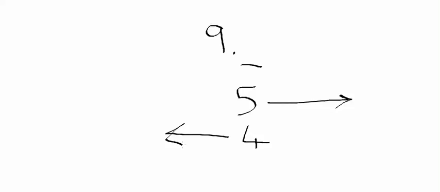So for example, if I looked at 9.6, rounding to 0 decimal places, I look at the first decimal place. Is it 5 or above? Yes, it is. So the number gets rounded up. We add 1 on to the 9 and I can forget about everything else.